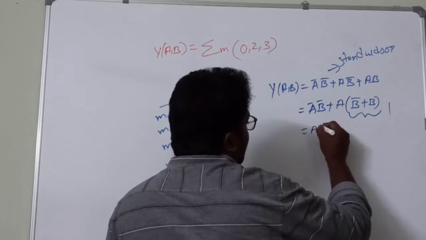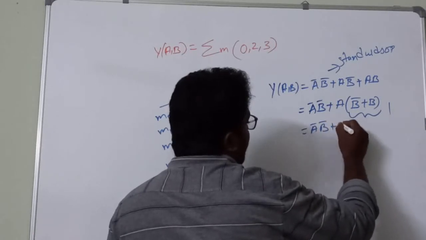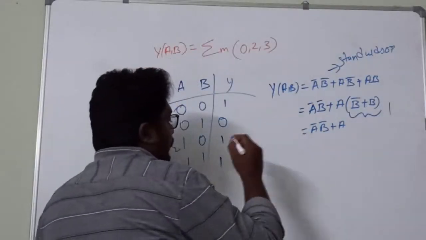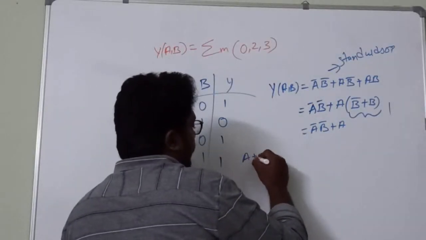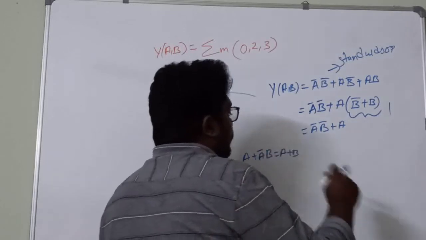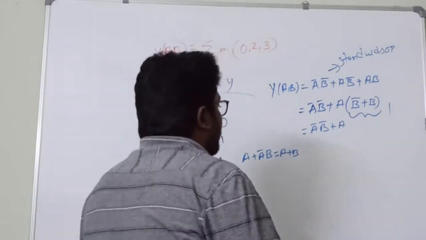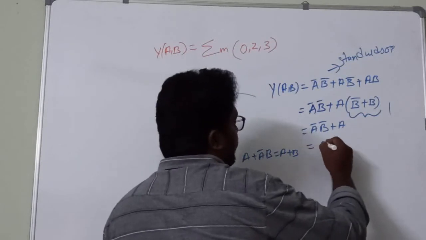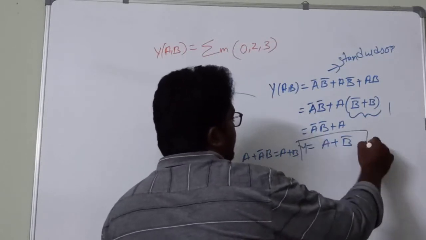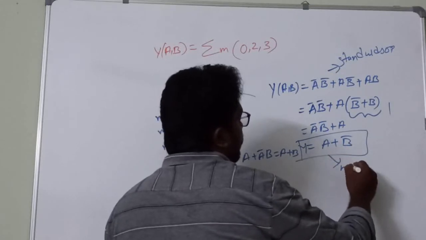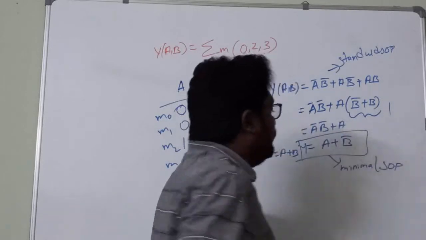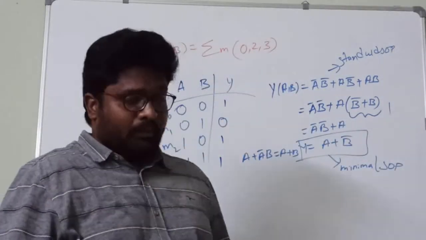So the expression will become A complement B complement plus A. By the distributive law, if you are having A plus A complement B, then the output will be A plus B. Apply this here, then it will become A plus B complement. This is the minimal SOP.